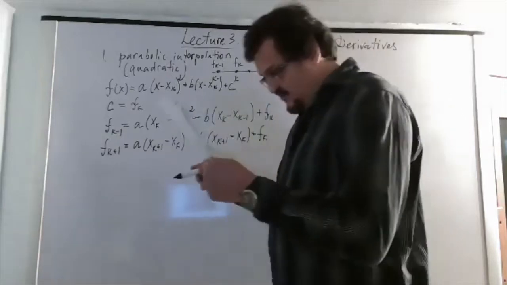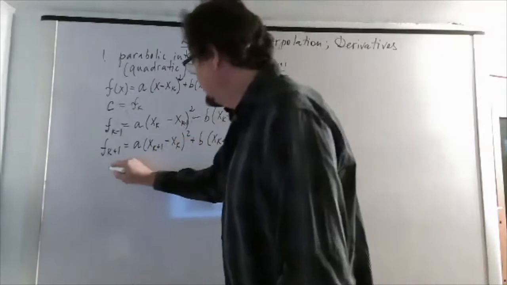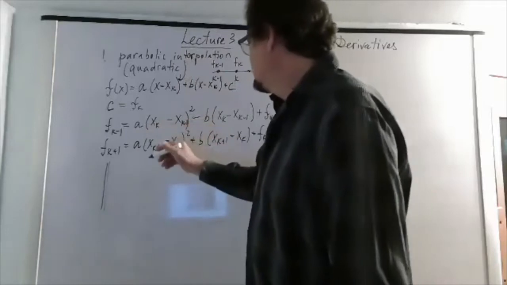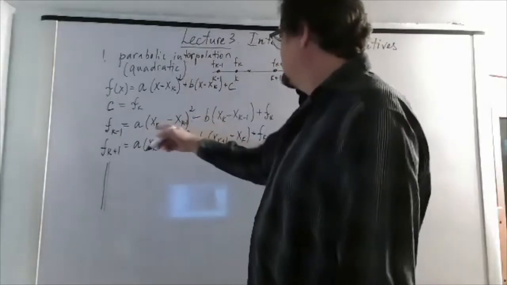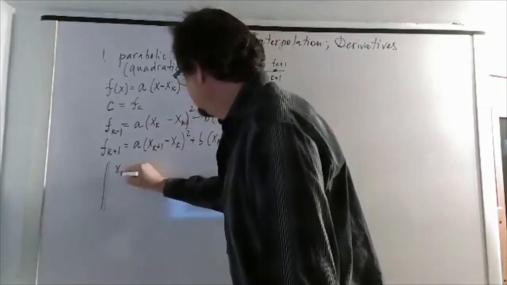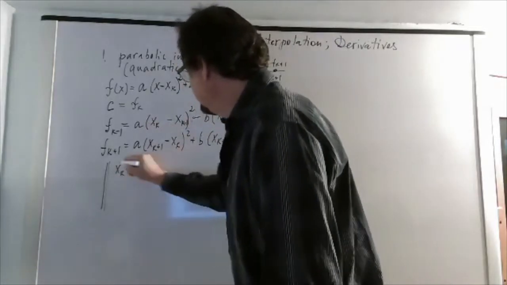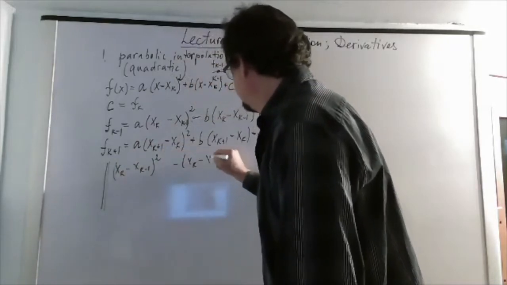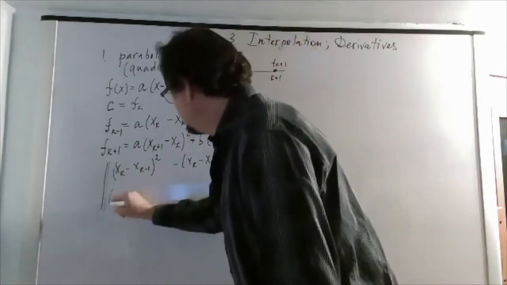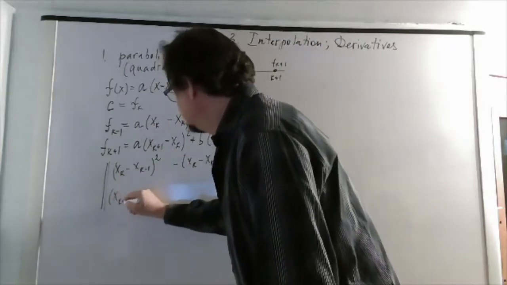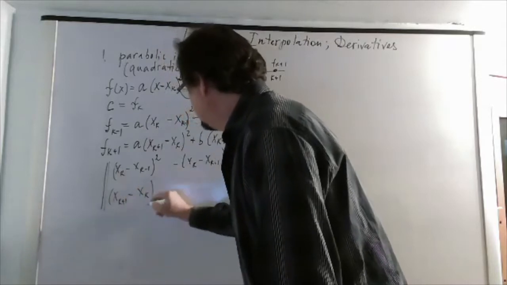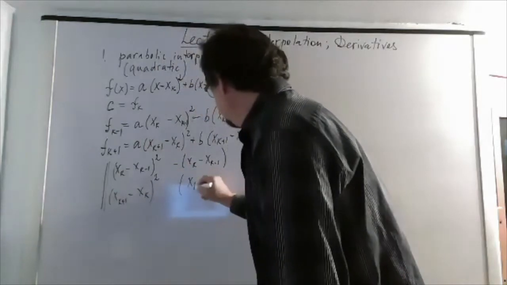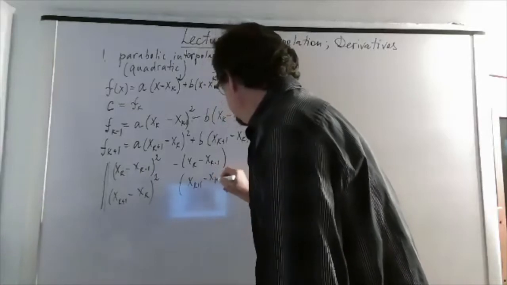So maybe I just write how you do it. You basically write your matrix: x k minus 1 squared, and here minus (x k minus x k minus 1), and here you have (x k plus 1 minus x k) squared, and here you have x k plus 1 minus x k.